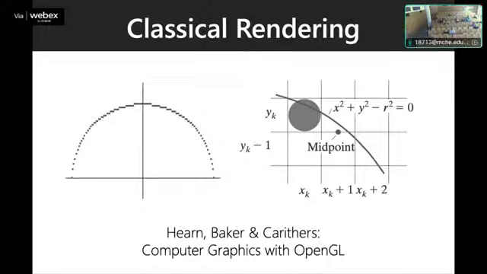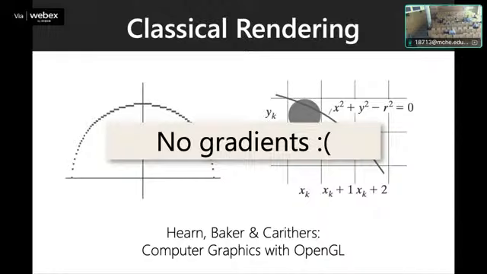So this is an example of an algorithm for tracing a circle from a classic computer graphics book. But these types of algorithms don't have gradients.